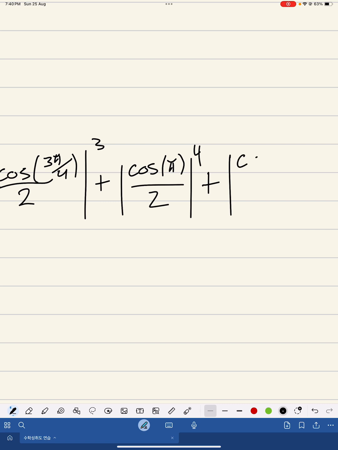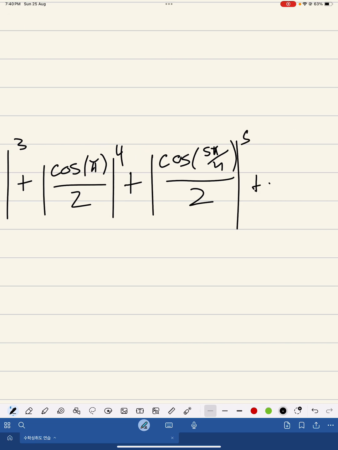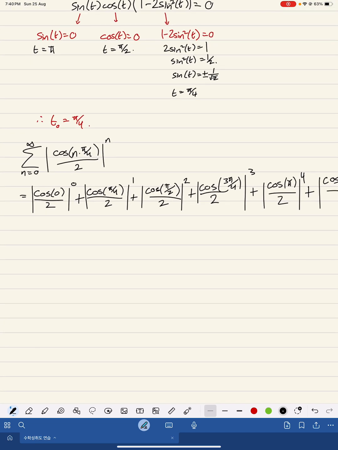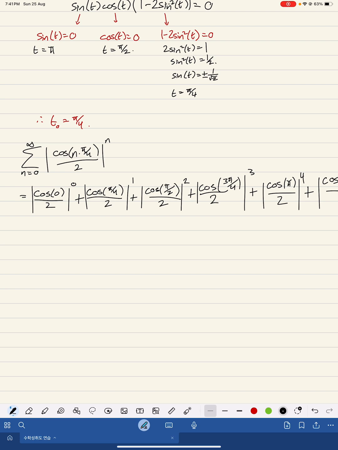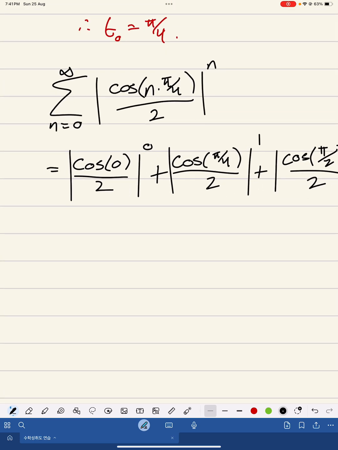The fifth term is cosine of 5 pi over 4 over 2 to the 5, and so on and so forth as an infinite series. So let's have a look here.